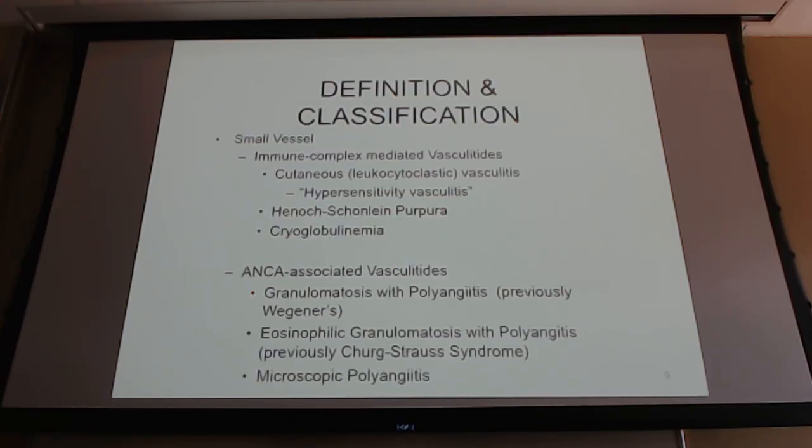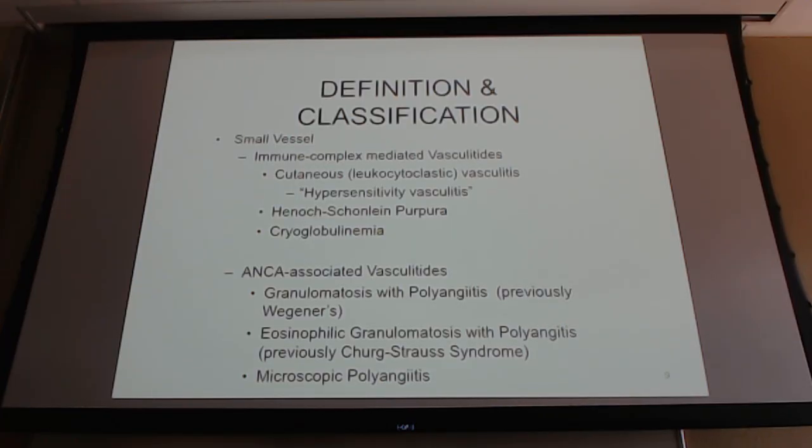Okay. Small vessels, so we can get to that immune complex mediated vasculitis. So cutaneous vasculitis, Henoch-Schönlein purpura, cryoglobulinemia.